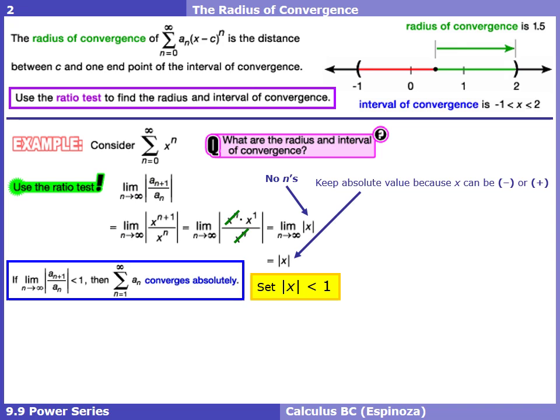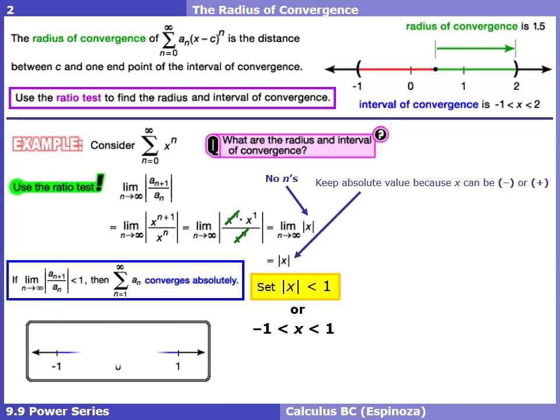We want to set the absolute value of x to be less than 1. And again, just as a reminder, like you would have seen in previous math classes, or like you saw in the last slide, setting the absolute value of x less than 1 is essentially the same as saying we have the interval from -1 to 1. So if we want to visualize that a little bit, we can have this visual here of going from -1 to 1.